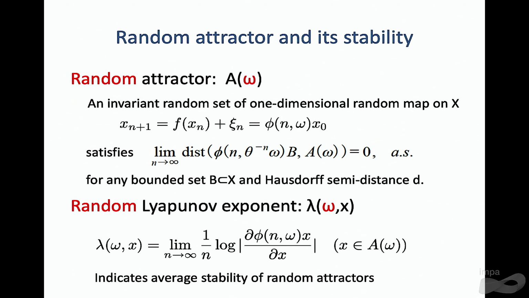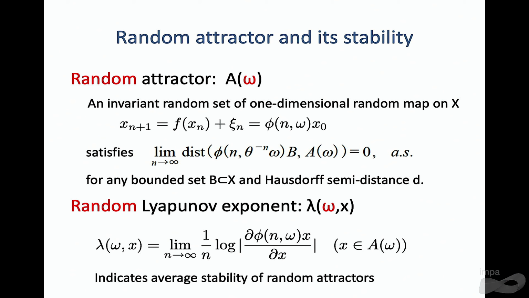For this kind of system, we could define an attractor and its stability. It's called a random attractor as a function of omega, or the random Lyapunov exponent, lambda, also a function of omega and sometimes x. If we fix omega, we have some particular attractor and Lyapunov exponent.